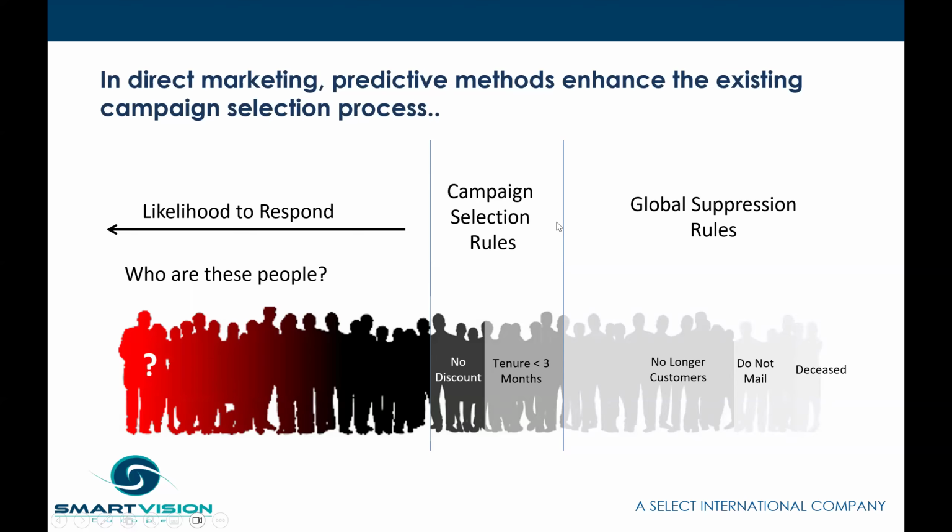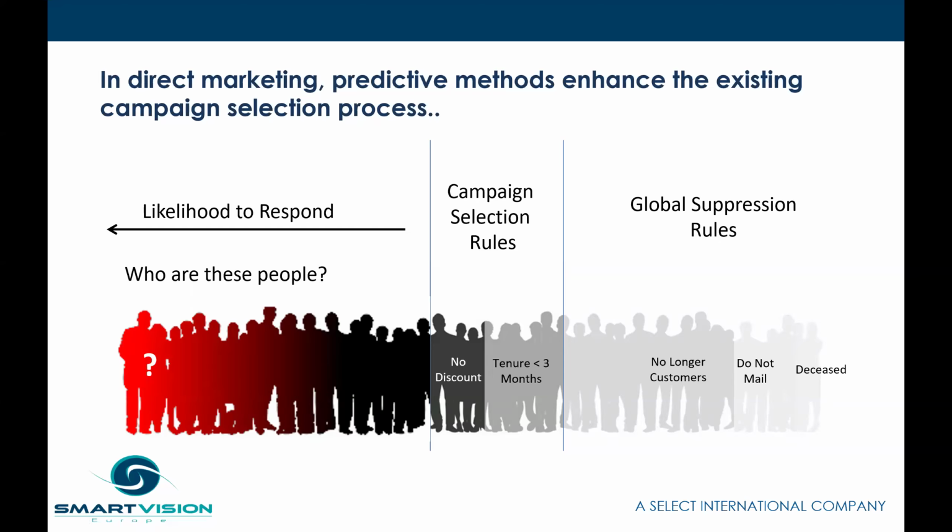You might say, well, this person isn't eligible for the campaign because they've only been a customer for less than 3 months. And secondly, this campaign offers a discount, and some of these customers haven't been profitable enough for us to offer a discount to them, so we're not going to do that. So that leaves you with a pool of people that you would typically then run your campaign against, particularly for your existing customers.